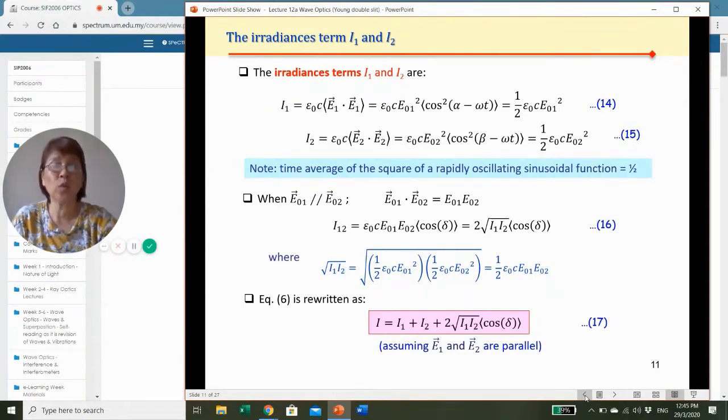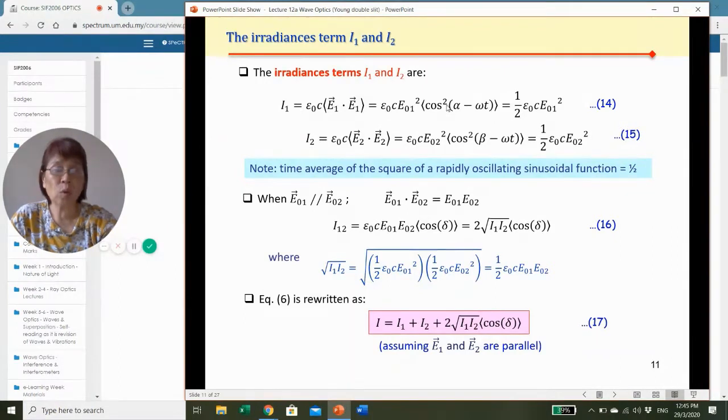So we start with taking the time average of E1. E1 is actually equal to E01 cosine alpha minus omega t. Squaring that will give us the amplitude squared, which we take out of the bracket, and then this is the one that has a time component.